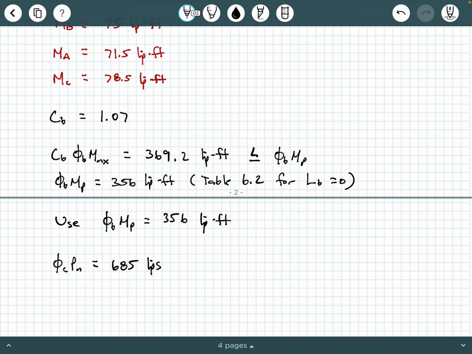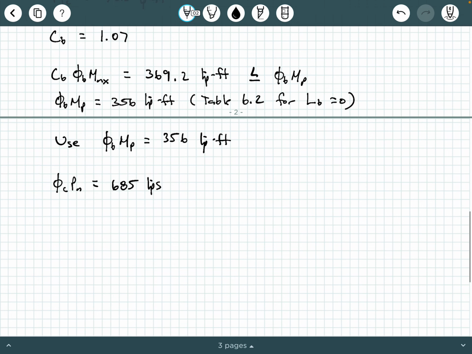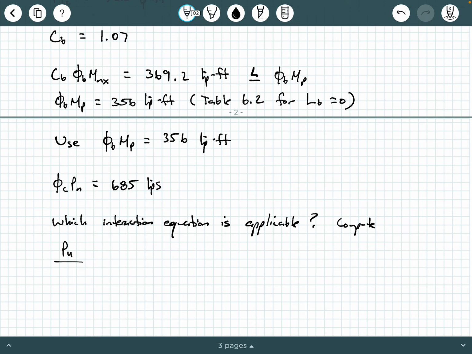The next thing we need to do is investigate which interaction equation is applicable. If you remember, the way we do this is we compute PU over phi CPN, and we compare that to a value of 0.2.